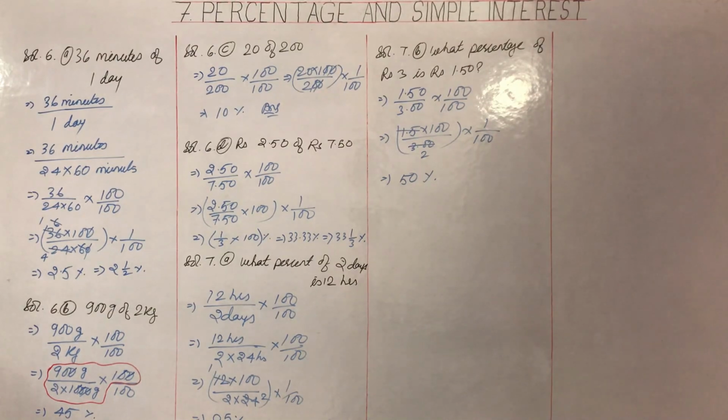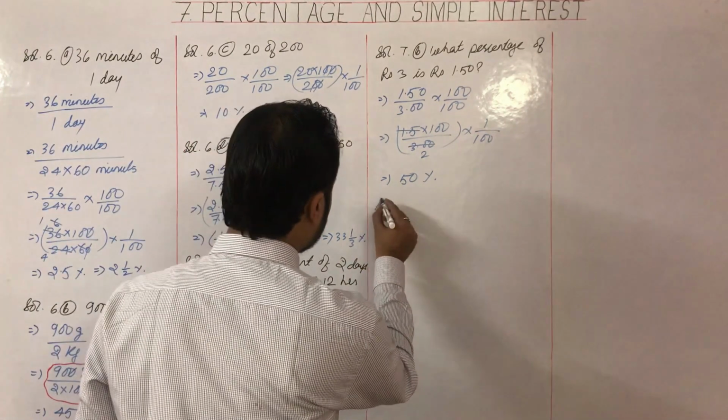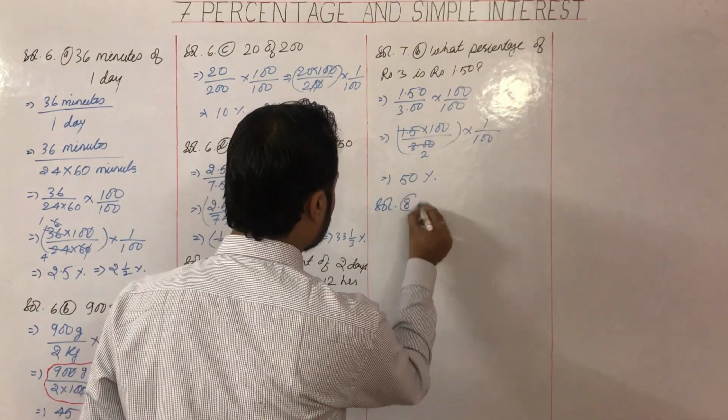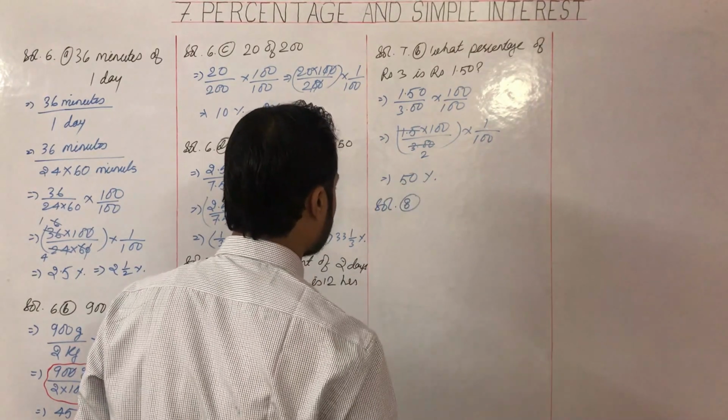Now next is the first word problem. Next is your word problem. I'll read the problem. Ram obtained 30 marks out of 40 in mathematics. Find the percentage of marks obtained by Ram in mathematics. So in word problems, first of all, write the given data in a sentence.